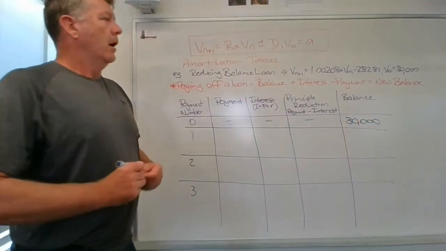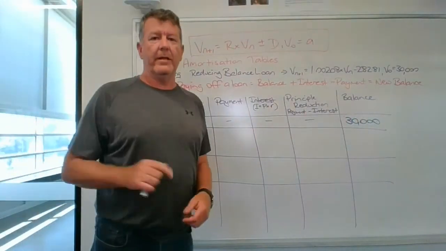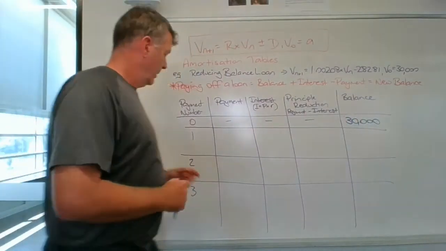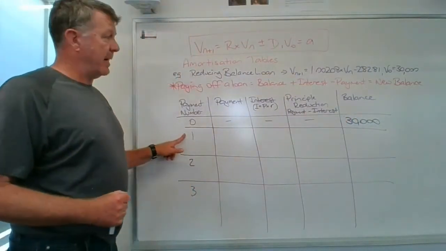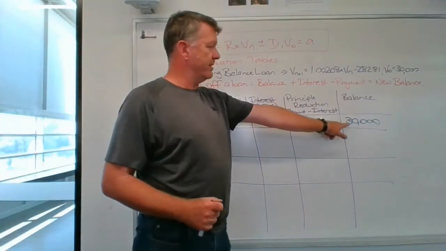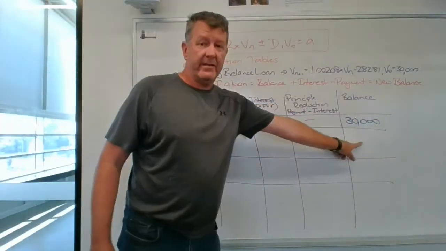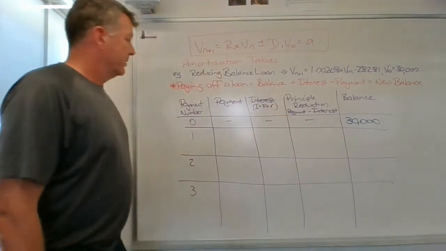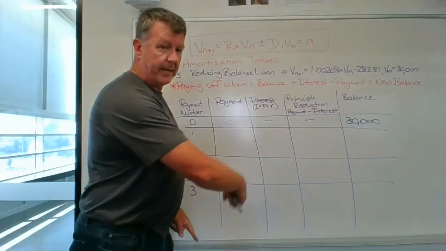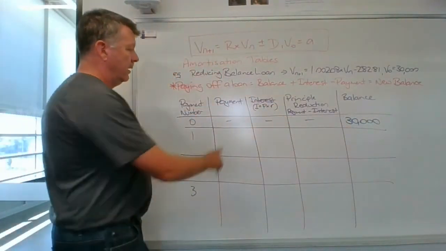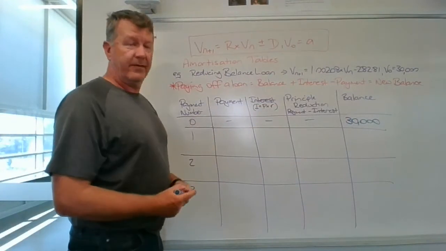All right. Now, by the end of the first month, you've got to make a payment. So this is payment number 1. This is your V0 to start with, and for V1 you're going to end up with an answer there. So it's like zigzagging across the table. Payment: good news, you can fill that out straight away. That payment doesn't change.